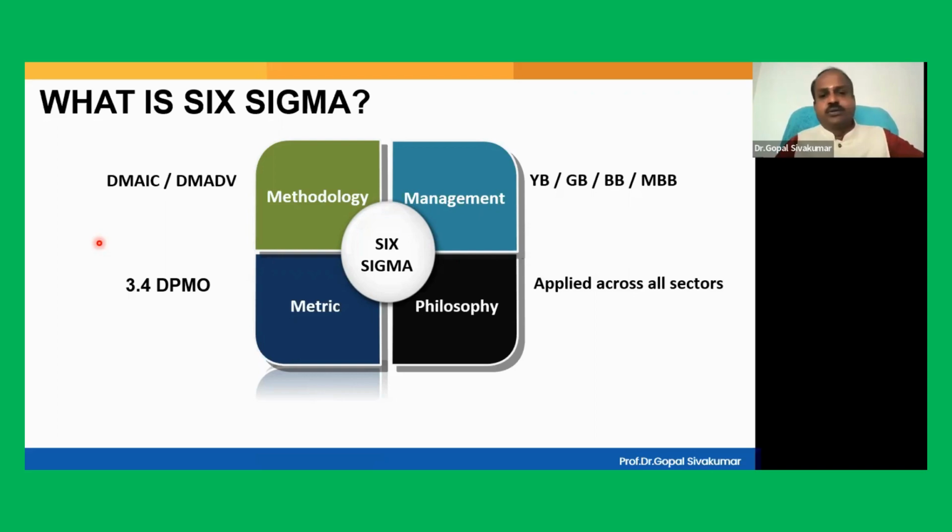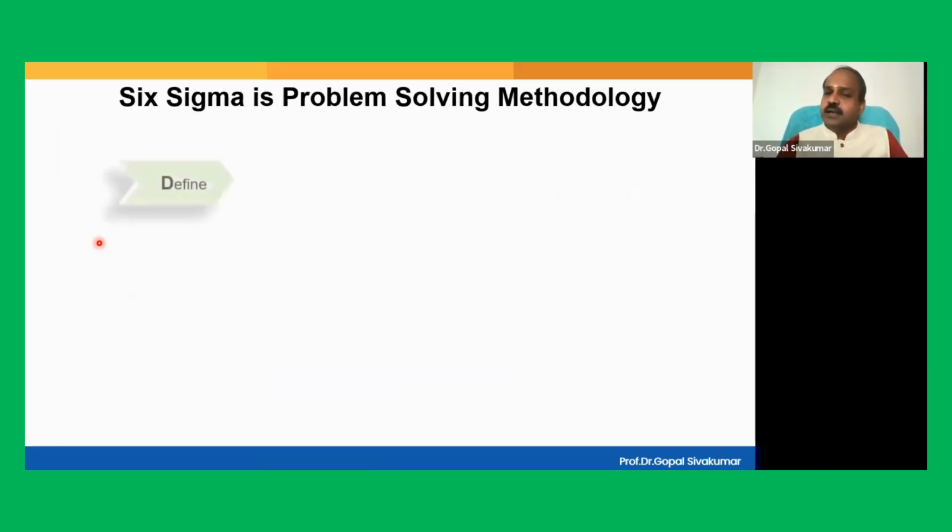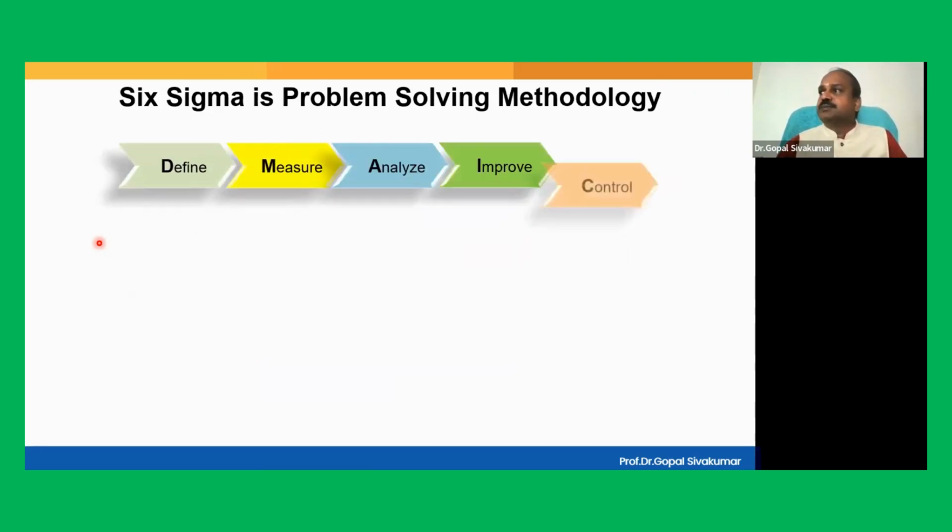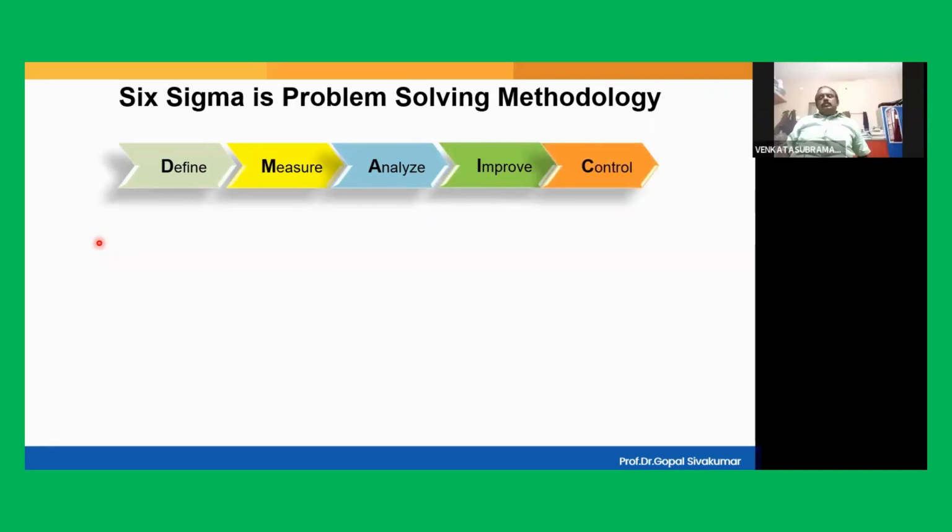You should be able to understand the process. The moment you know there is a process, yes, Six Sigma can be applied. The methodology: define, measure, analyze, improve, control. A problem well defined is half done. The problem is, first of all, considered to be defined if you can identify all the CTQs.